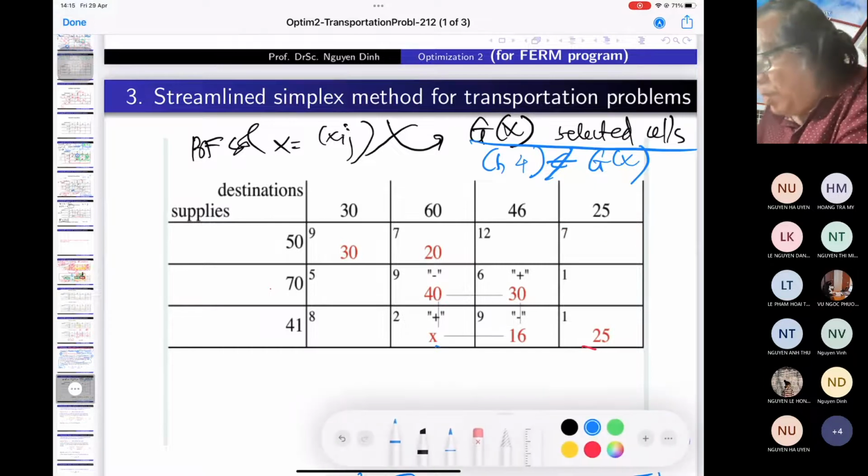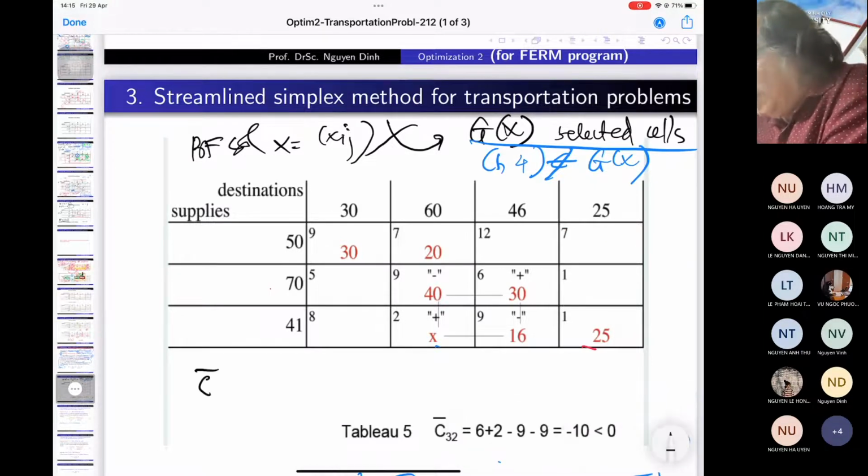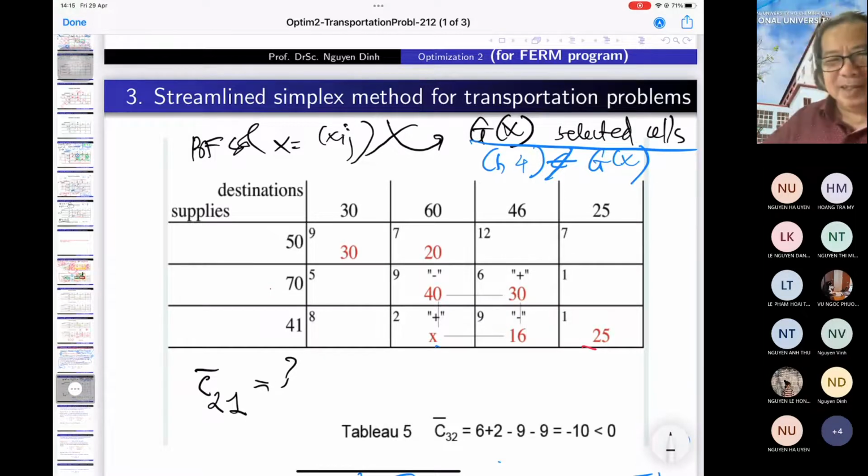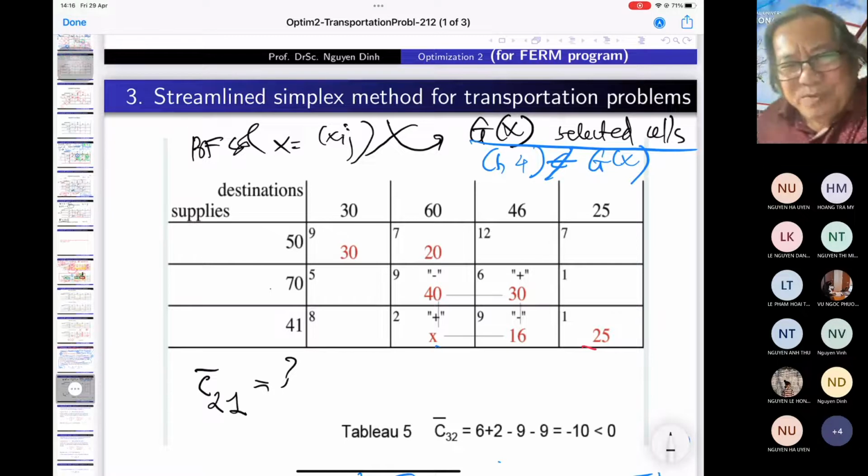Okay. So what is C bar 2, 1? You know it, and you raise up your hand. I think I will take the first 3 students. Click the raise hand button here, so that the list of students will be here with the hand, so I know who is raising their hand.